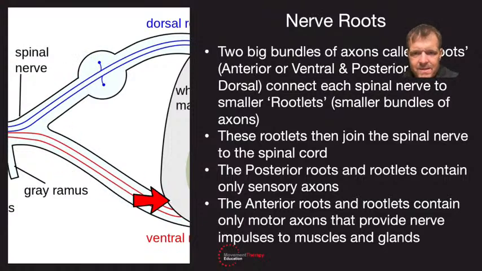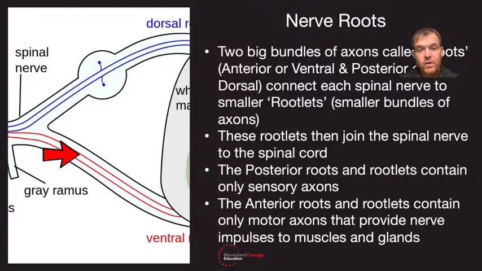Now this bit here, so this is the ventral part or the front part. This one here is purely motor. So this is information from the brain down the spinal cord and then out to whatever it is that that particular nerve goes to. So whether it's a muscle or whether it's a part of the guts, because it can be automatic, so it can be part of your autonomic nervous system, or it can be voluntary, which is part of the musculoskeletal system.